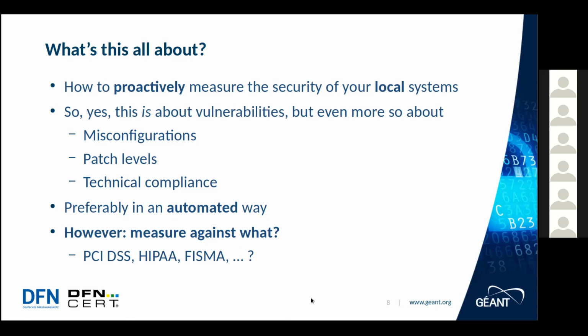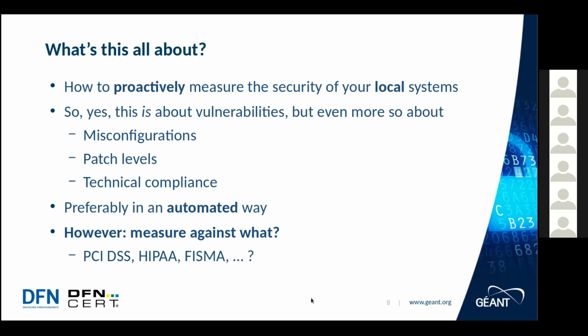And of course, it seems obvious, but you have to state it anyway. You don't want to do this manually for each and every system on your organization or your infrastructure. You preferably want an automated way to do this. But then the first question obviously is, how do we measure and against what do we measure our systems?